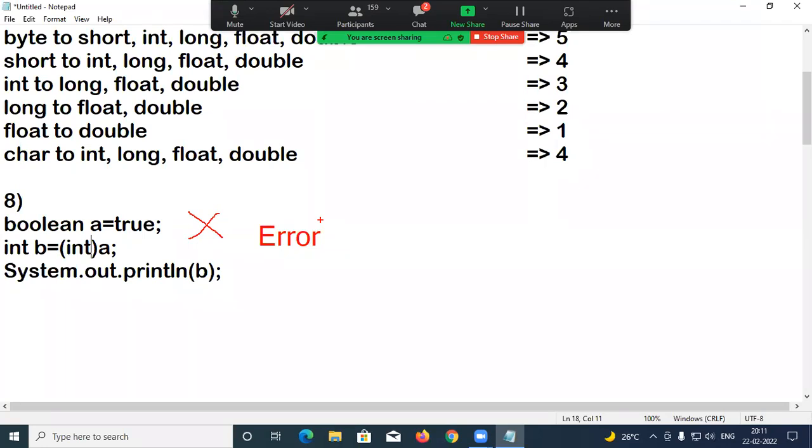Boolean we cannot convert to other type, and other types we cannot convert to boolean type. Okay.